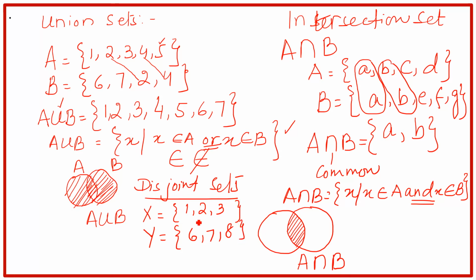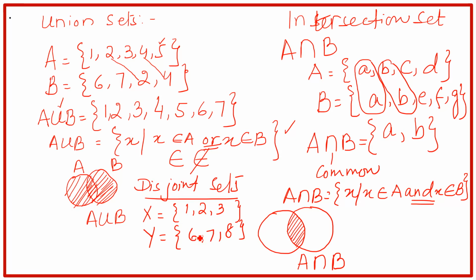So see, in X and Y we do not have anything common. So this is called a disjoint set. The sets X and Y are disjoint if X and Y have no elements in common.